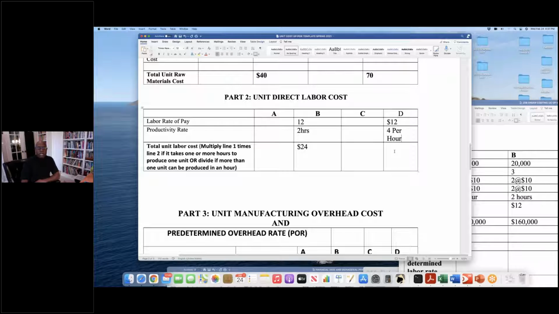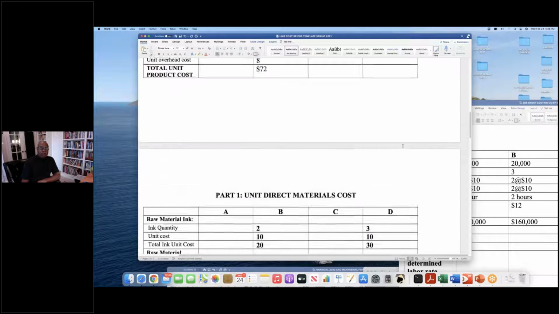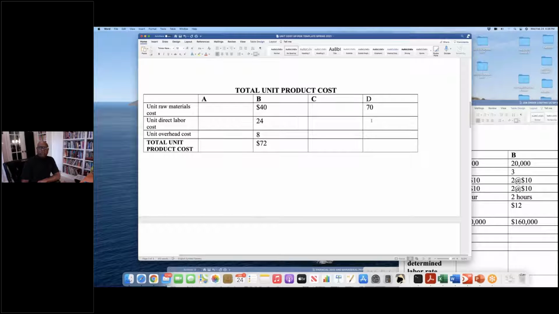So if it's 4 per hour, what are we going to do here? Divide. That's not what you said earlier. I know. So if you can make more than 1 in an hour, you divide. Here it took 2 hours to make one, so we multiply. Here it was 4 per hour, so we divide. We're going to bring that 3 and put it here.